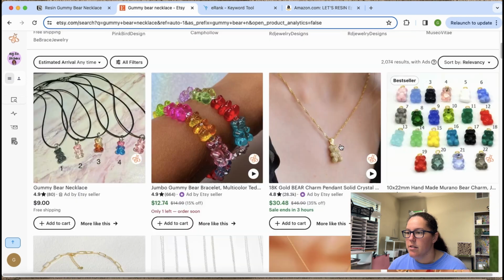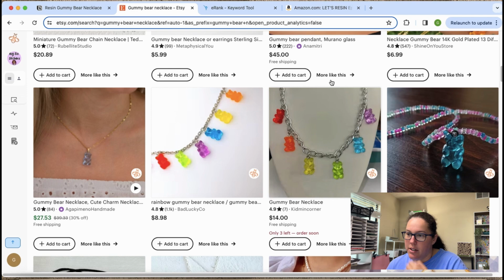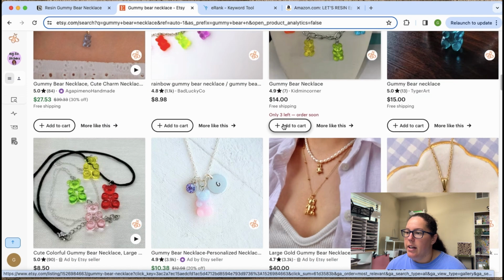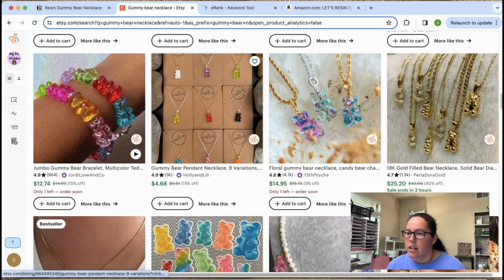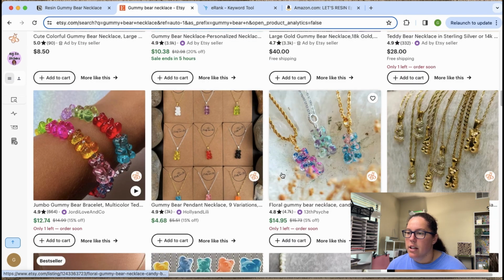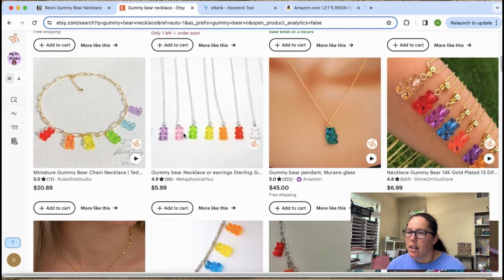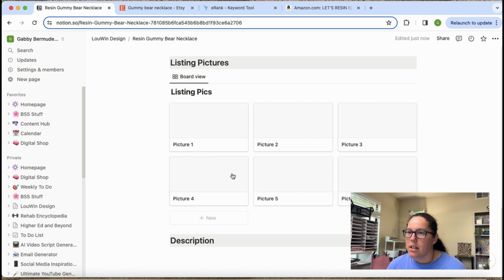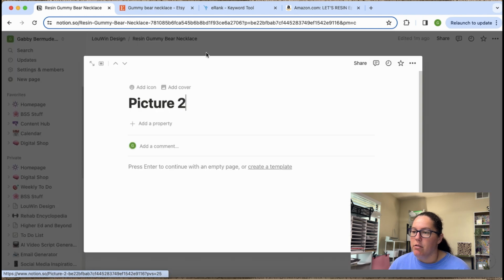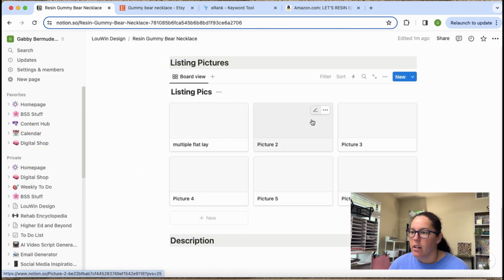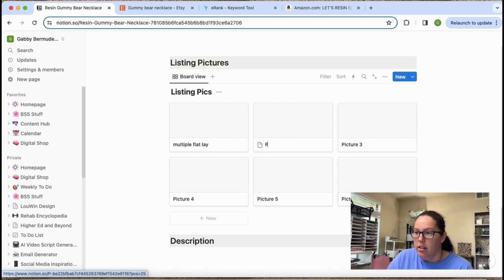But let's look at these ones that have the markers. So on a display, flat lay. It looks like a multi flat lay is a good one, is what I'm seeing. So I'll put that down. Multiple flat lay. And then maybe the next one would be wearing.